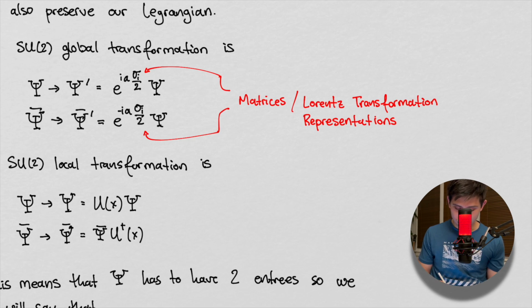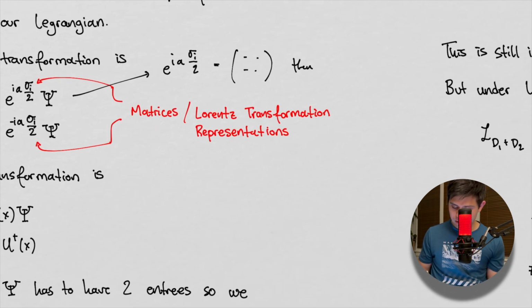So here what I'll do is I'll say e to the i a, this is a 2 by 2 matrix. Well, if that's a 2 by 2 matrix, then this object here must be a 2 by 2 entry object.